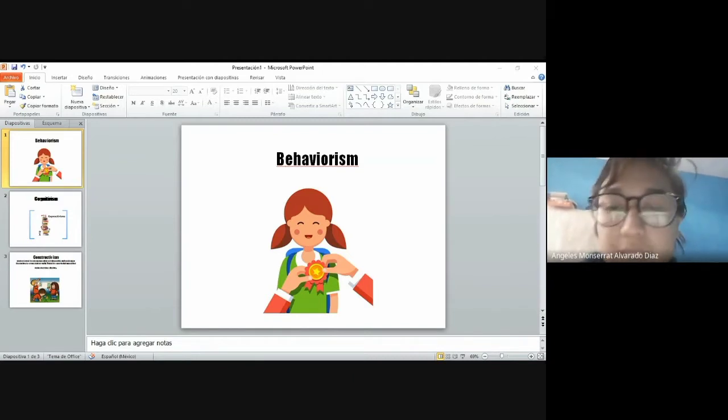Also, in constructivism, learning is meaningful, so the student is active and at the same time self-taught.